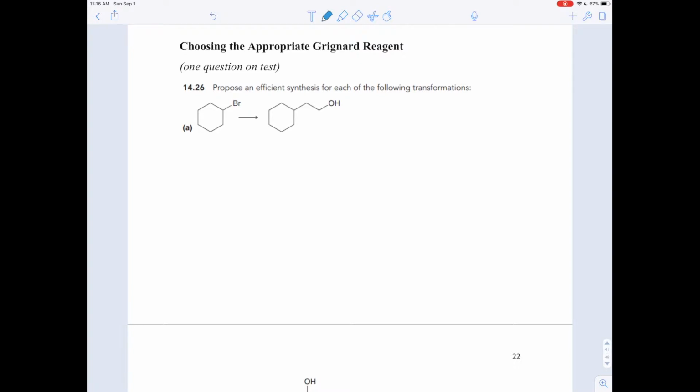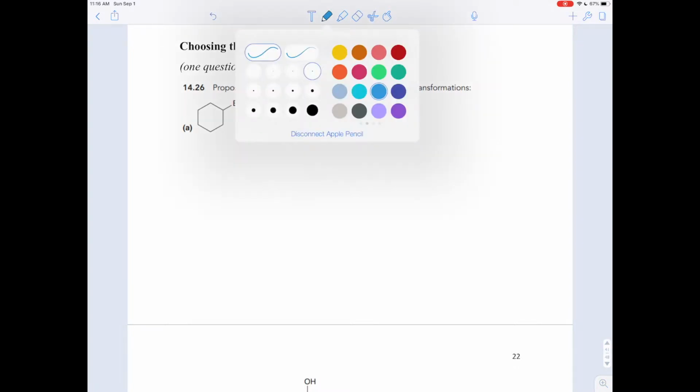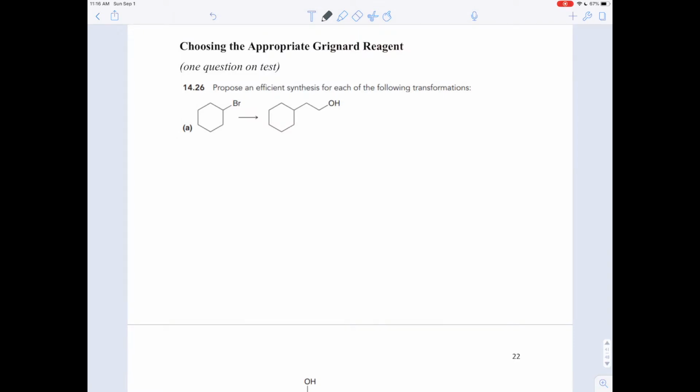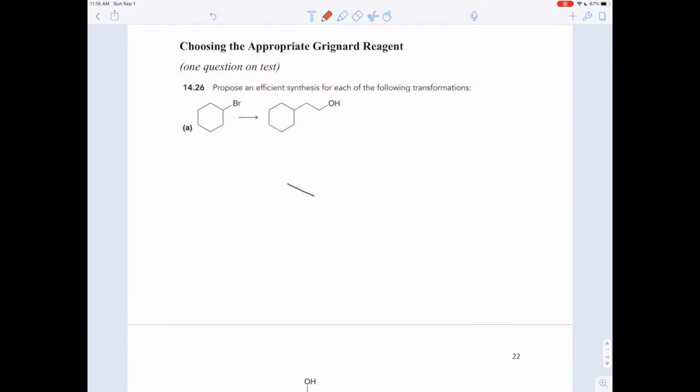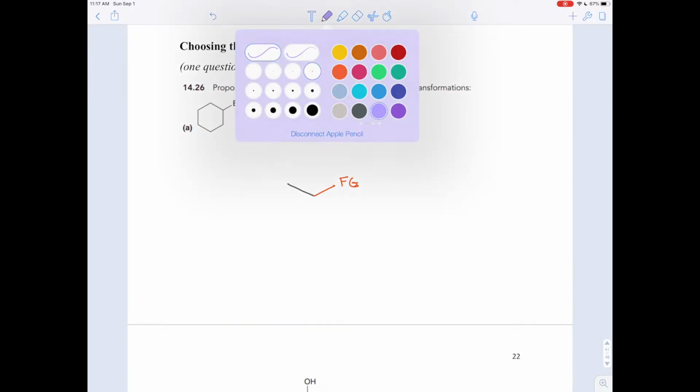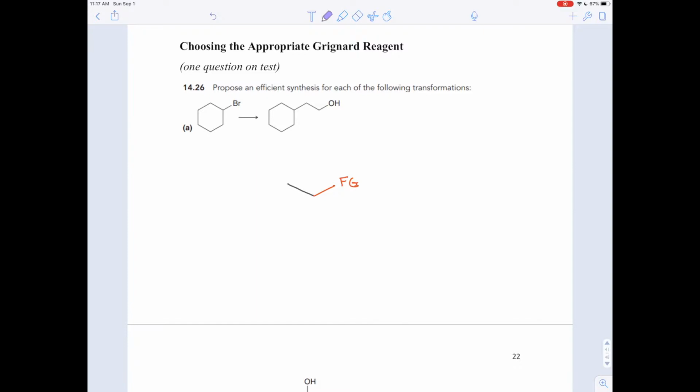Now, what would we react the Grignard reagent with? That depends. Let's say we have our new functional group 2 carbons away. So there's our functional group, Fg for functional group. And here, let's say this is our Grignard reagent, or the carbon that was in our Grignard reagent.